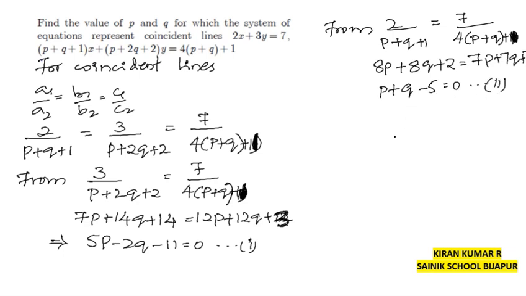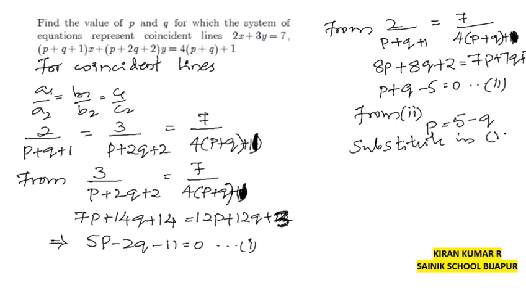Let us solve these two equations. Look at this second equation. From equation 2, I can write p as 5 minus q. Substitute in equation 1, we'll be getting 5 times 5 minus q minus 2q equal to 11.